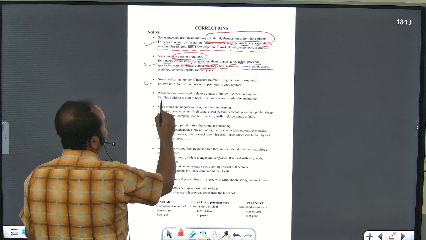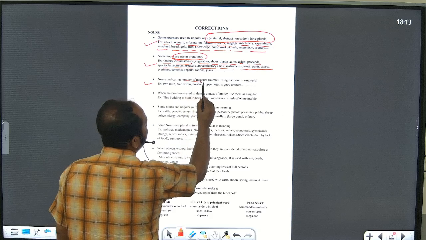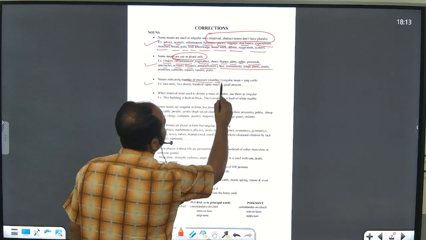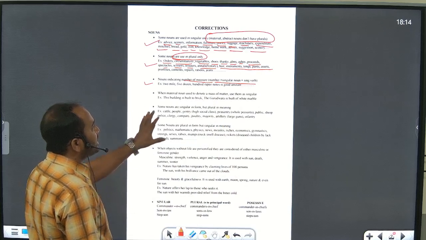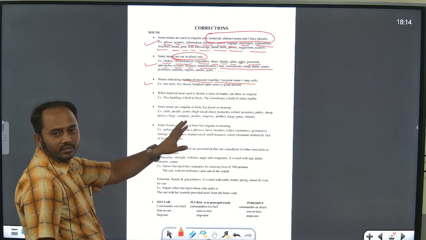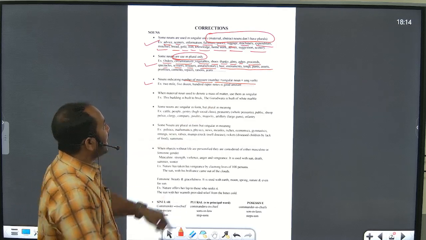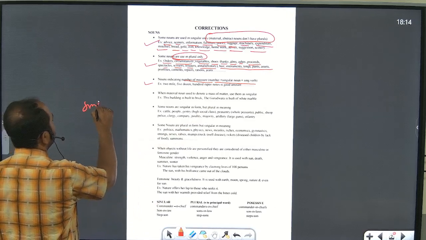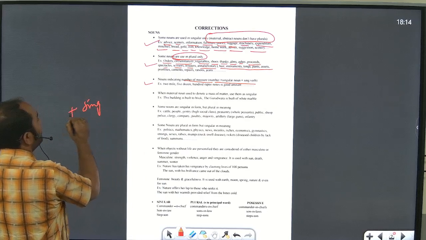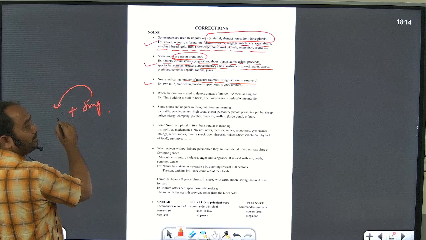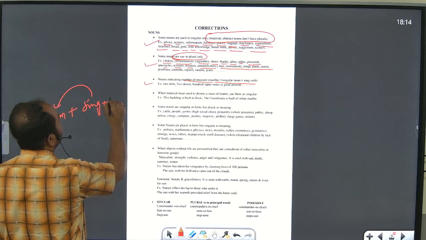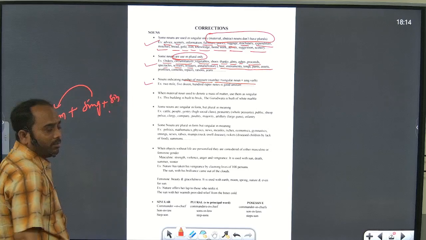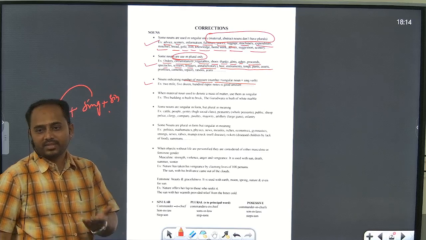Next, nouns indicating number of measures. Number plus singular noun takes a singular verb. If a noun used as a singular form is preceded by a number, again we should use a singular verb only, because singular always goes with singular.